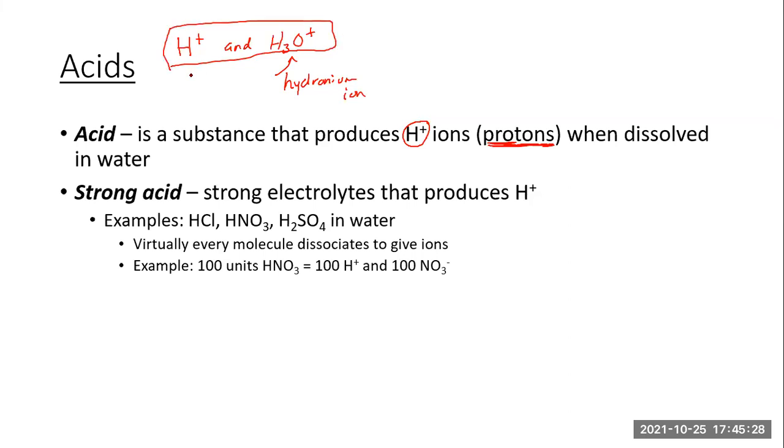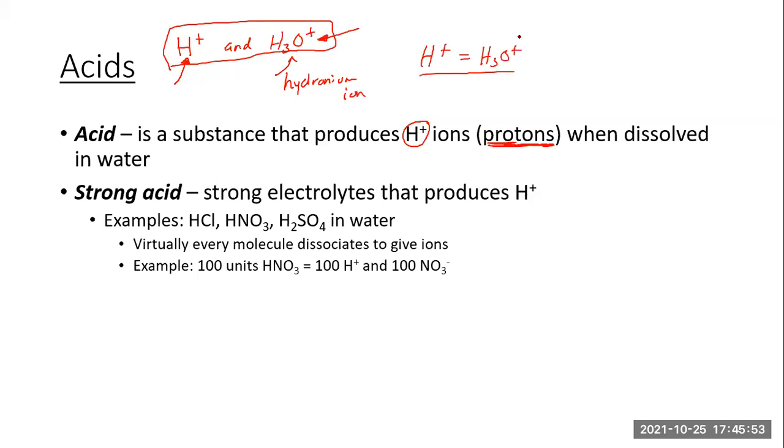So when I write formulas or equations, sometimes people will use H+ and sometimes H3O+. There really is a reason for the difference, but in terms of meaning, in terms of acids and bases, H+ is equivalent to H3O+.